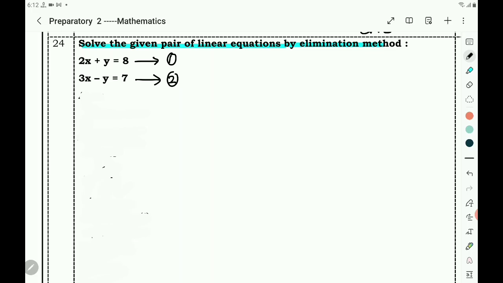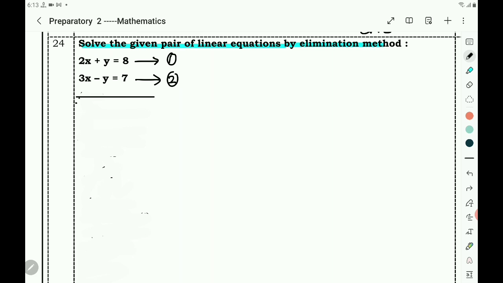This pair of linear equations is to be solved by elimination method, means we have to eliminate any one of the variables. Which variable can be eliminated? To eliminate the variable, we have to verify the coefficients of the variables. Here, coefficients of x are 2 and 3. They are not the same. And here, coefficients of y are plus 1 and minus 1. You can cancel this plus y and minus y easily.